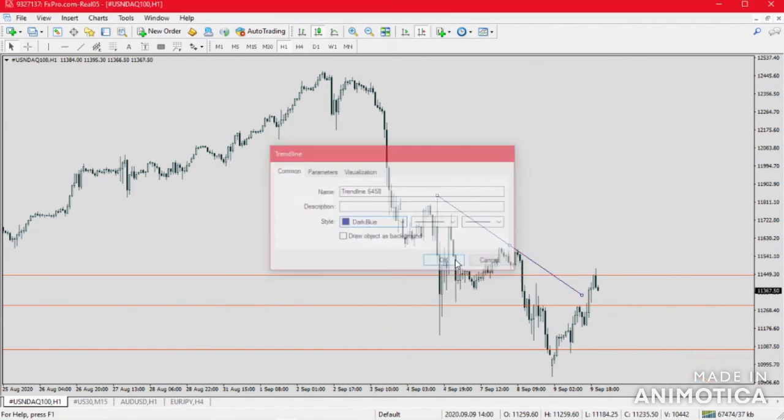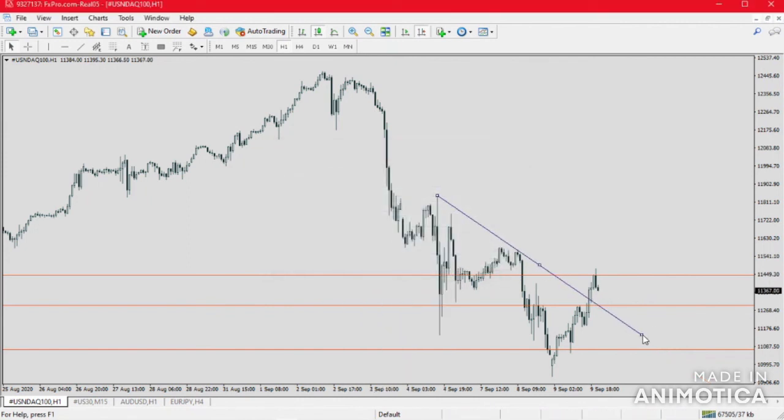We have a broken trend line right here, and what could happen at this previously broken high, you can see Nasdaq has been making higher highs right here.